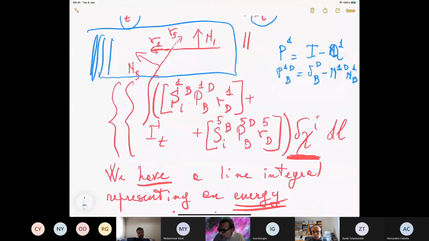So at the end, you have the integral over gamma, a unique integral because gamma is the same, with these two addends, dual of delta chi.